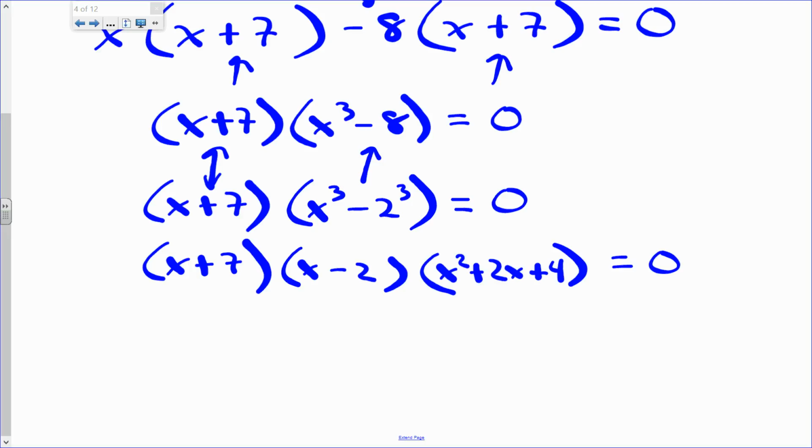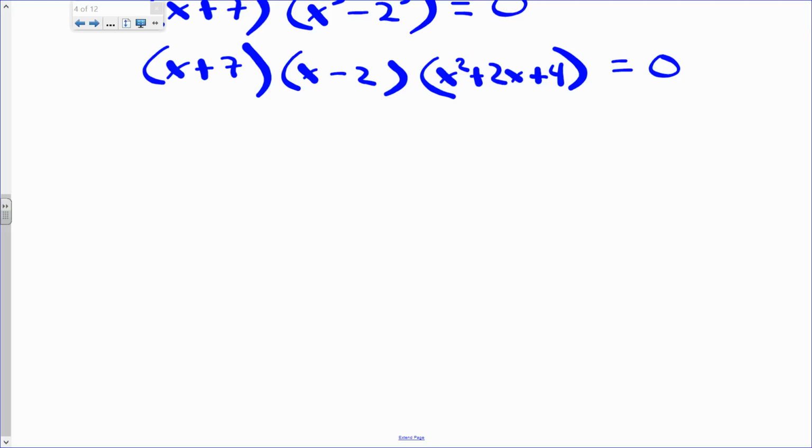So, at this point, I have a binomial factor, another binomial factor, and then a trinomial here. So at this point, I'm going to go ahead and set the first 2 binomials equal to 0. This trinomial here cannot be factored. So as I taught you yesterday, this is a quadratic trinomial.